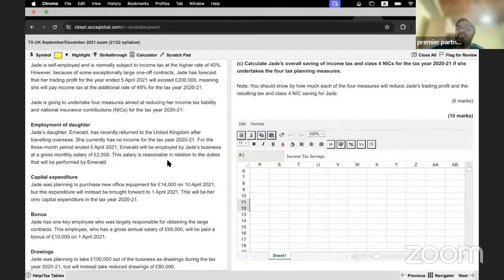Right. So employing Emerald, what would be the impact on Jade's tax adjusted trading income? Allowable. Okay, what will happen then if it is allowable? Deducted. How much?